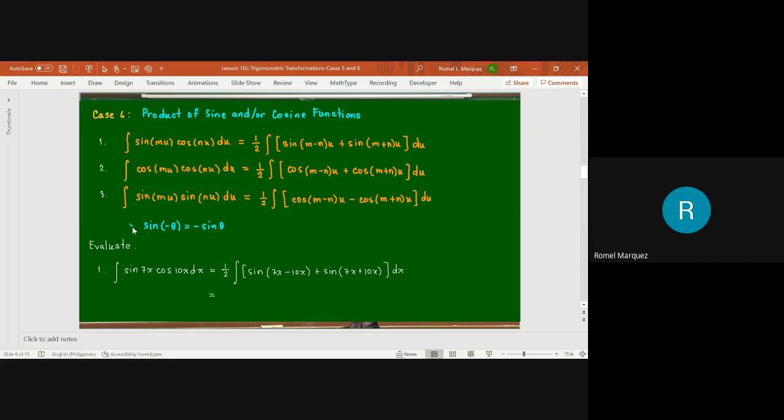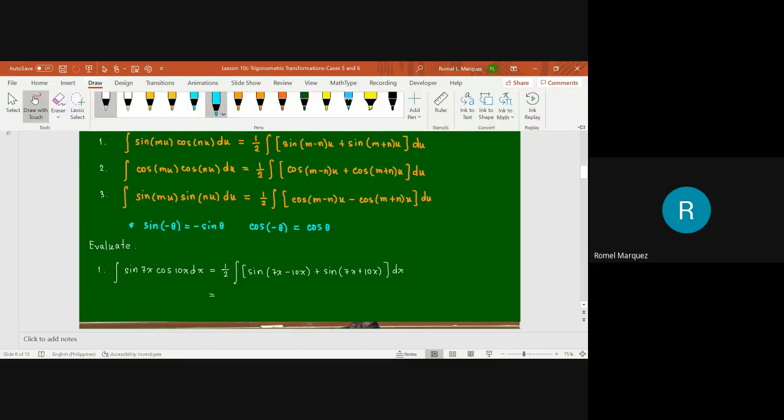This identity is very useful, because this will lead to negative arguments. So how to get rid of the negative sign inside. And if I have cosine of negative theta, you do not have to worry about the negative. You can discard that and have it cosine of positive. That will be useful together with this.